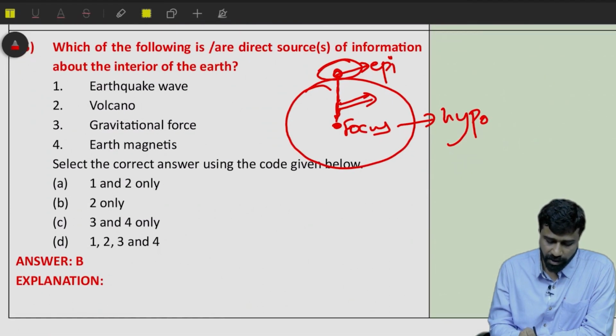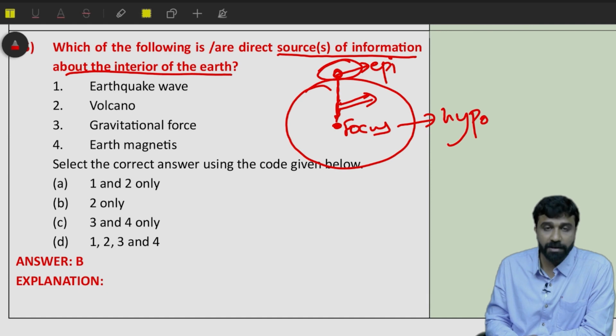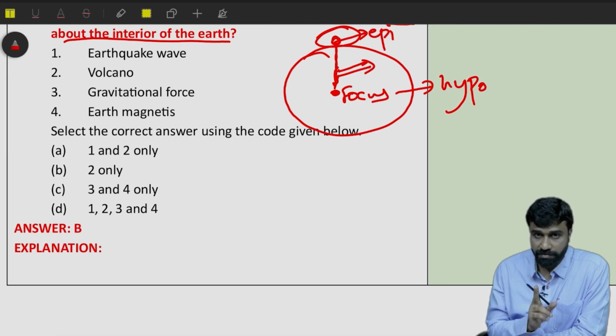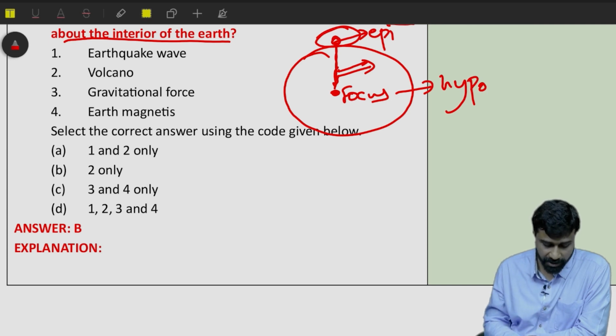Okay, which of the following are direct sources of information about the interior of the earth? Here there are two sources: one is a direct source and the other is an indirect source.